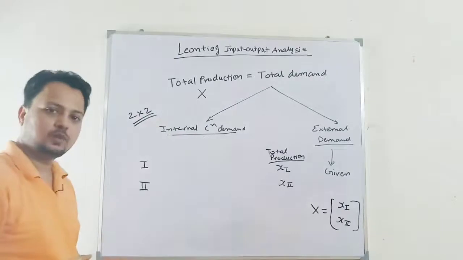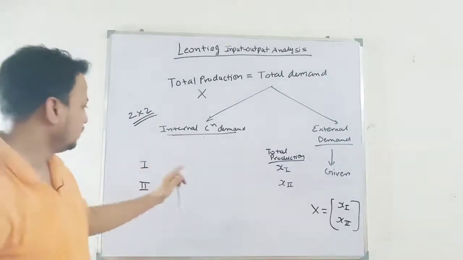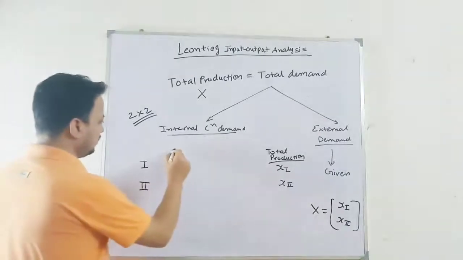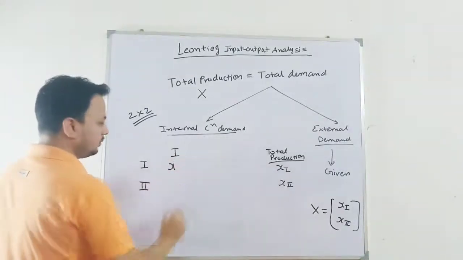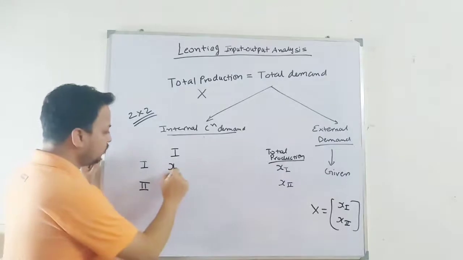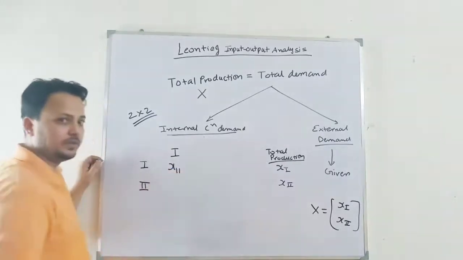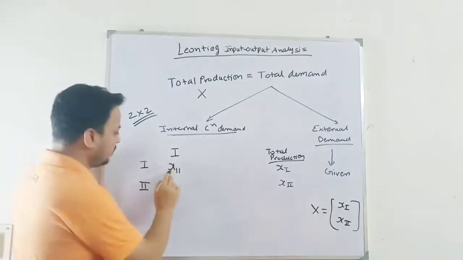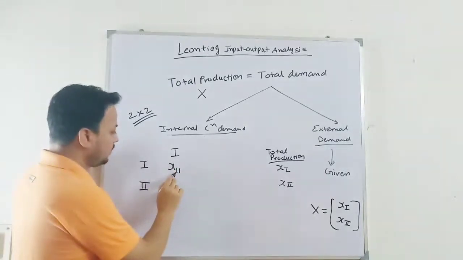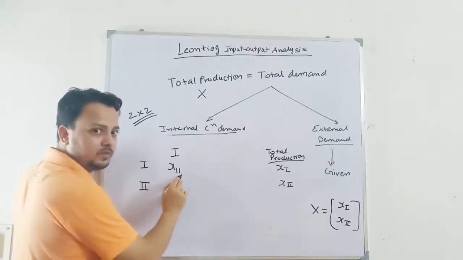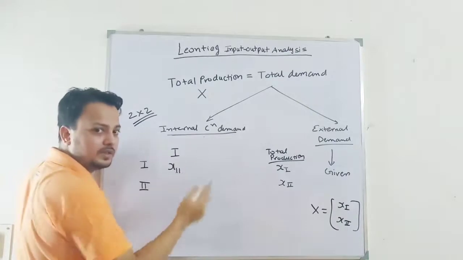In your syllabus you have a 2 by 2 model. So let me explain this thing, then it will be more clear. So this is industry 1. The output of industry 1 is used, or consumed, by industry 1.